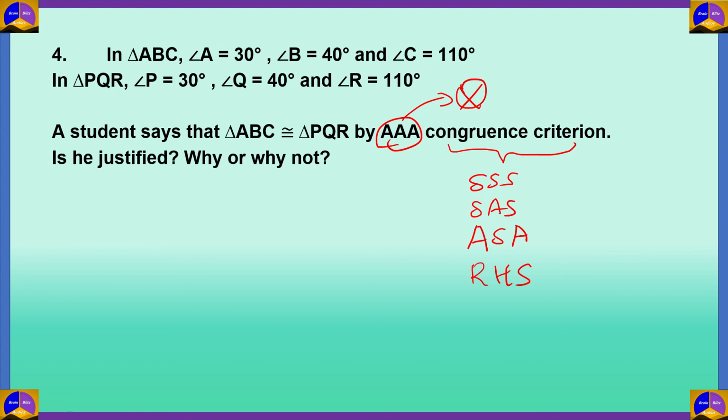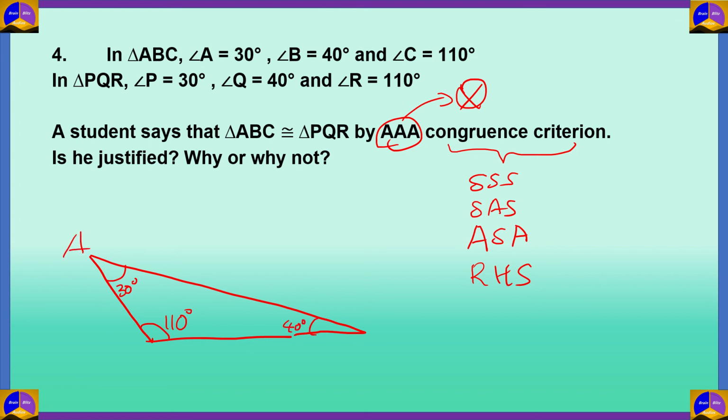And for a better way to explain that AAA congruency criterion will not work, let's take two triangles, triangle ABC and PQR. Now the angles are 110 degrees, 30 degrees, and 40 degrees.